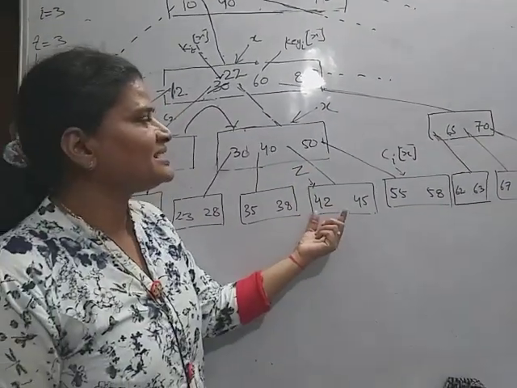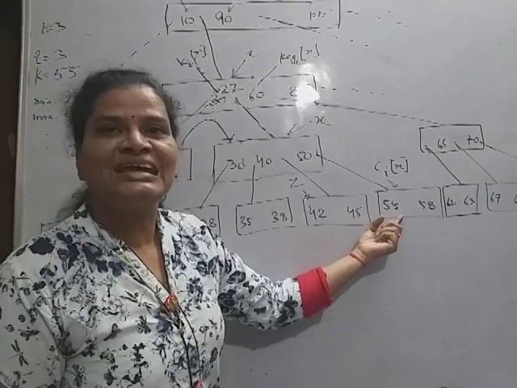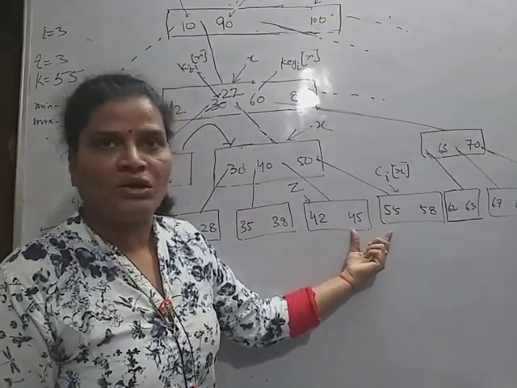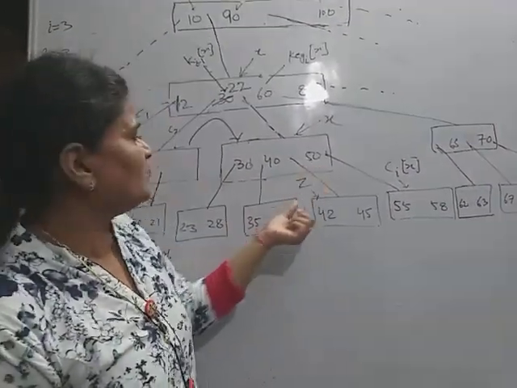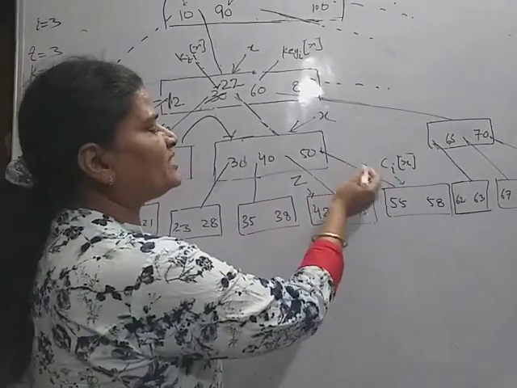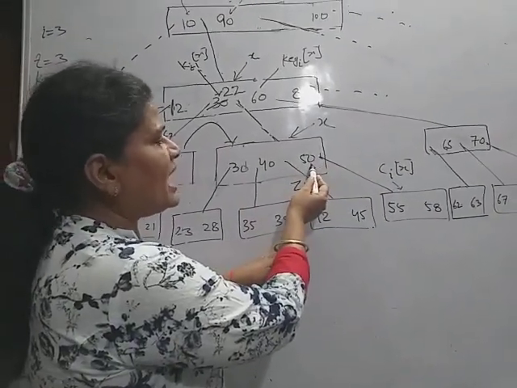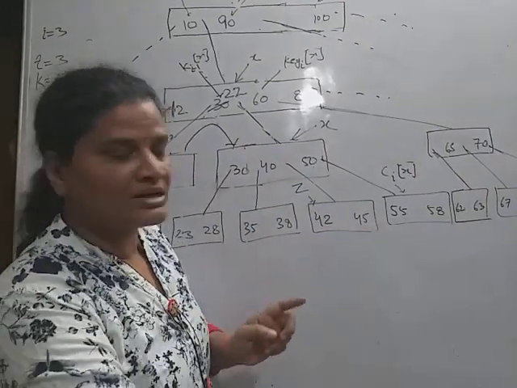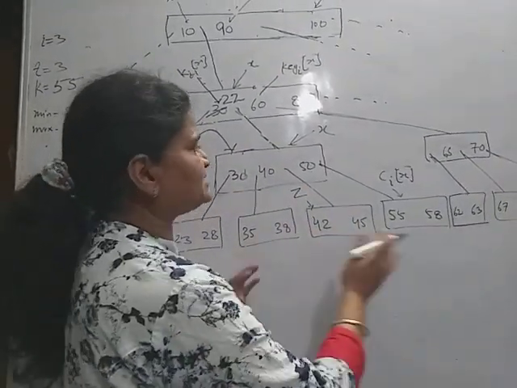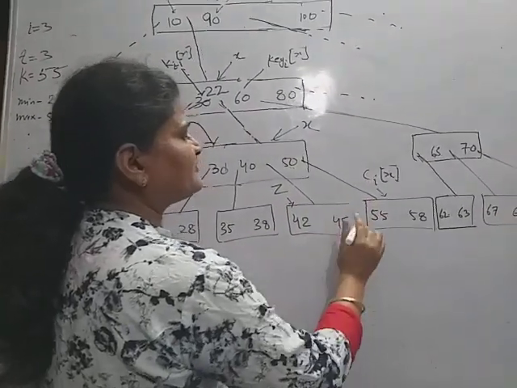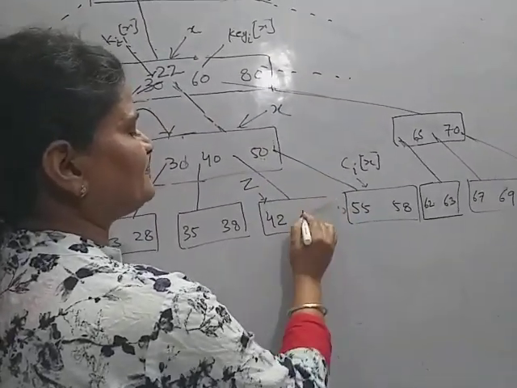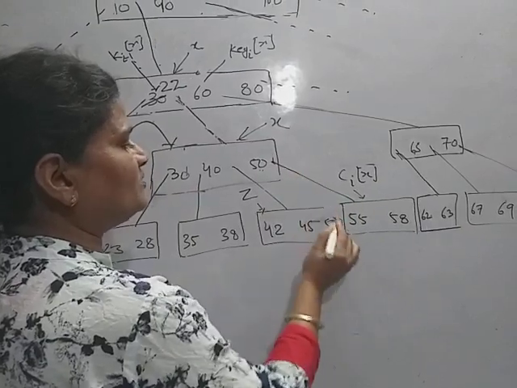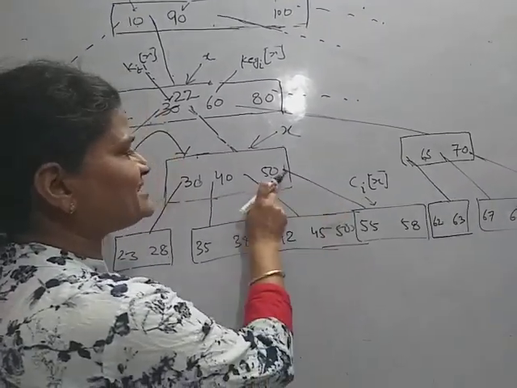So we merge Z into CIX, and that involves moving the I minus 1th key down into the merged node. So after merging, what happened? The 50 will move down to the merged node.